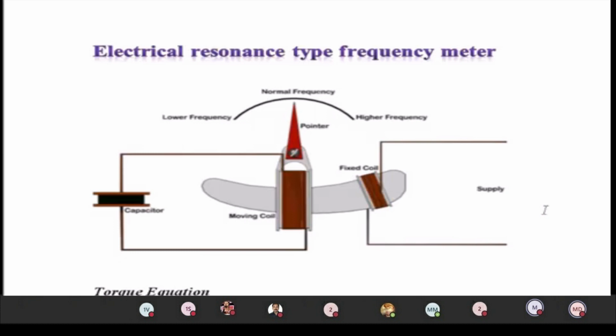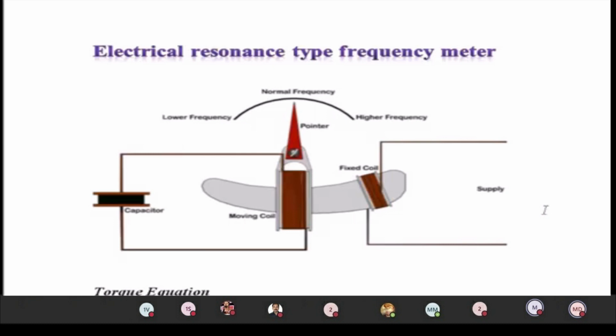So the moving coil is going to move. While moving, again the resonance condition will be disturbed. So in turn, the inductive reactance of the coil changes. Further moving, at some other point, the inductive reactance and capacitive reactance will be made equal, and the pointer is going to make the standstill position. So consider it as higher frequency.